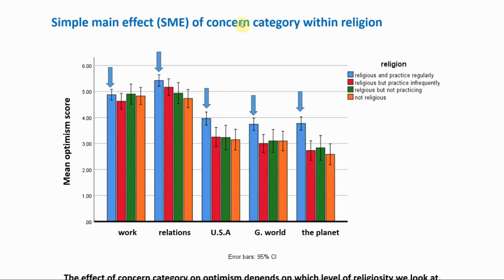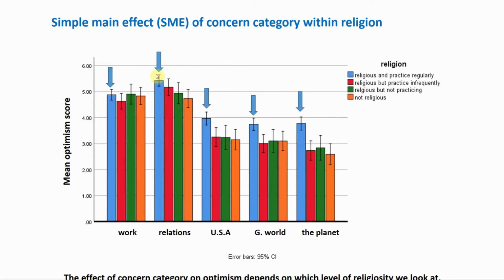That means that you're going to be comparing the means of the different concern categories. Within religion, remember, replace the word within with only for. So you're going to look at the different means of concern category, but only for specific religions or within specific religions. All right, religious groups.